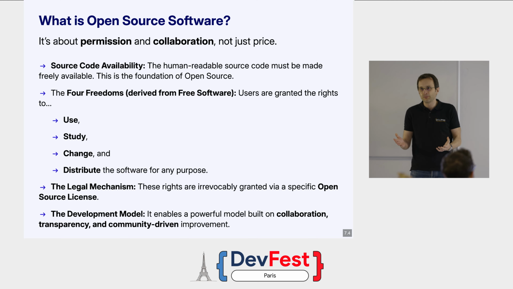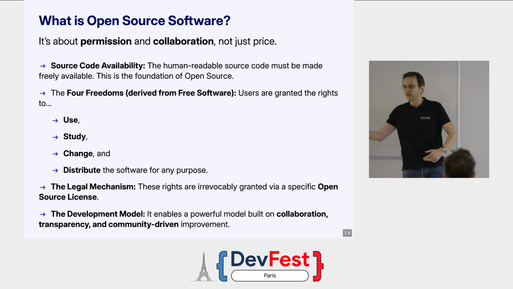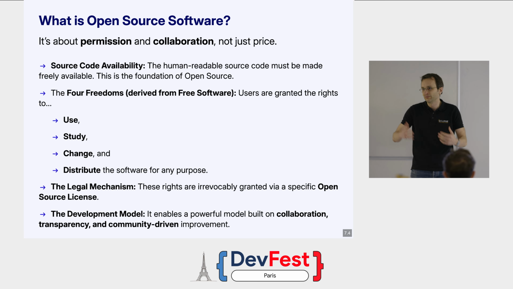The freedom to use it for any purpose, even those you don't like. In open source, you can't say that you don't want your software to be used by the military, or in the nuclear sector, or by Americans because you don't like Americans, or by people with beer or bald people. You can't make a restriction on that. The right to study, basically to understand how it works, so you need to have access to the source code.